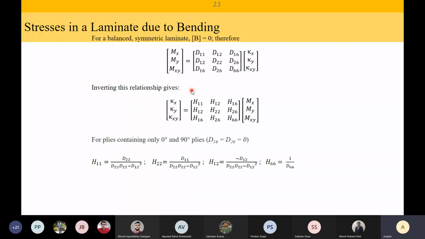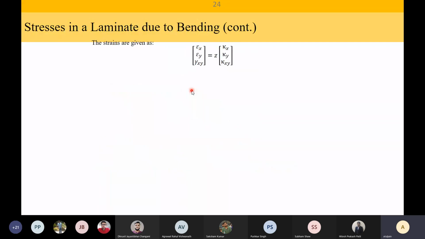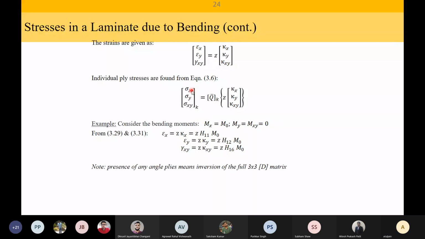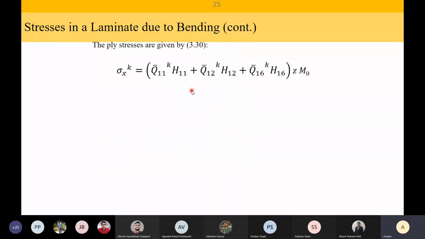Then I get simple relationships for H11, H22, H12, H66. We are using H because we are only looking at a very special case where D16 and D26 are 0. Now, strain in this case is equal to Z into curvature, and my stress is Q into Z into curvature. Let us consider a special case: Mx is equal to M0, My is equal to Mxy is equal to 0. So you get some simple terms for strain, and from that you can calculate stresses.